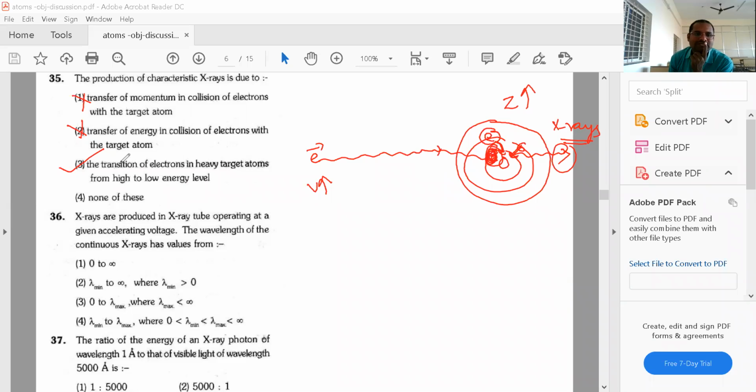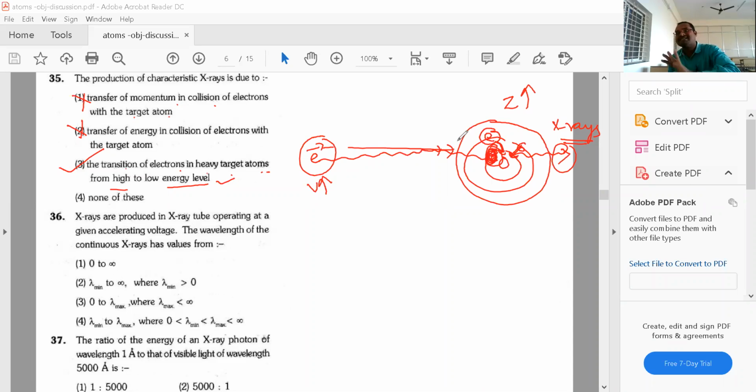So the production of X-rays is due to transition of electron in a heavy target atom from higher energy level to lower energy level. First option, transfer of momentum in collision of electron with the target atom. If this electron collides with the target atom, momentum will transfer.